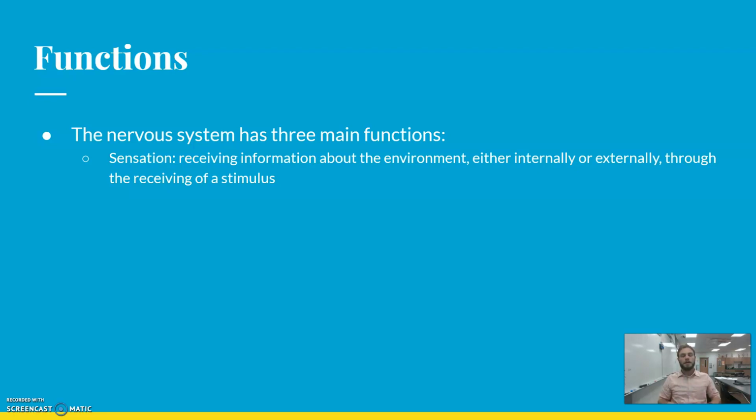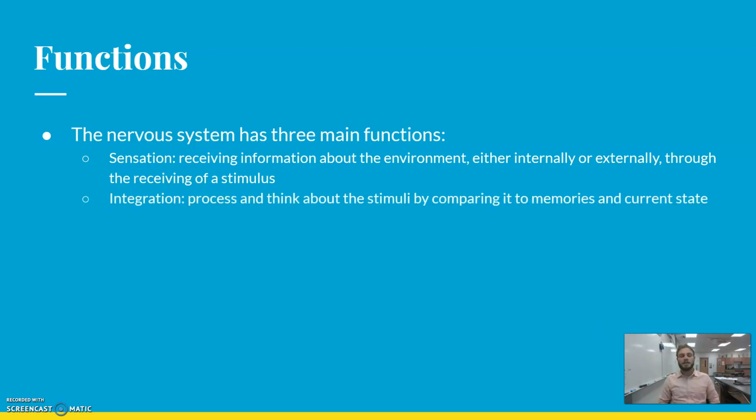Or you might have some sensors inside you that sense your blood glucose levels or your blood pressure levels, things like that. That is going to be a stimulus. Now, a stimulus is simply something that is triggering some sort of process or some sort of response in the body. And parts of your nervous system, their job is to sense those stimuli.